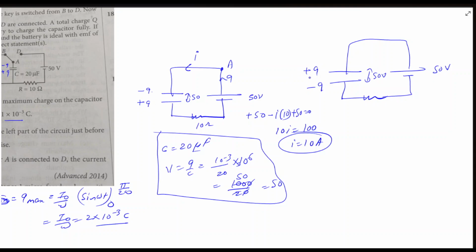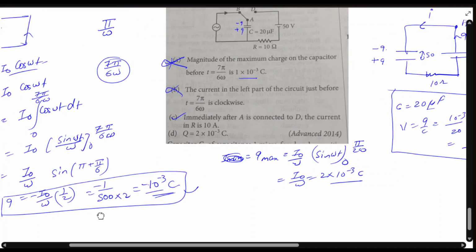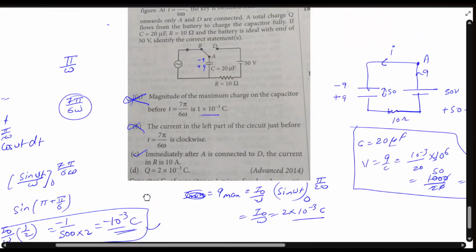Now it will become like this. So this will become at high potential, and this will be at low potential, right? So how much charge will be accumulated? So it will be 2Q, right? And Q was 10 raised to power minus 3, so it will be 2 into 10 raised to power minus 3. Yes. So this was Q, right?